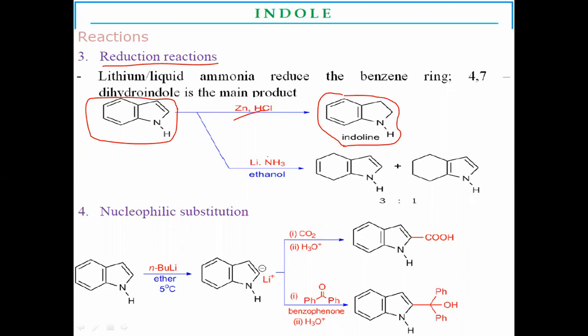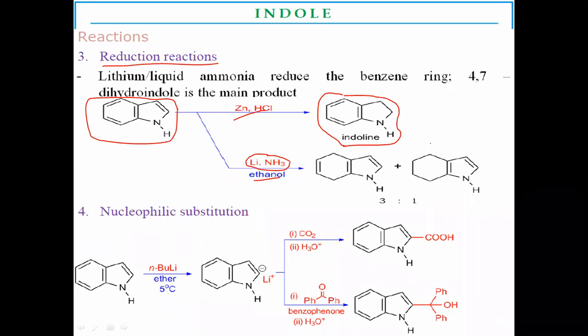Instead of zinc, we can use liquid ammonia in the presence of ethanol. There is formation of 4,7-dihydroindole and tetrahydroindole.